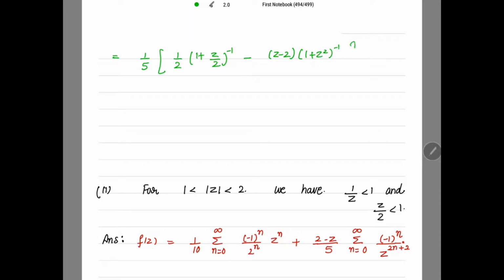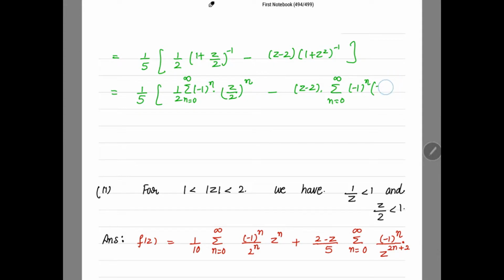square inverse, which is equal to 1 over 5, 1 by 2 minus 1 the power n summation n going from 0 to infinity, z by 2 the power n. That's it. Minus z minus 2 into summation n going from 0 to infinity minus 1 the power n z square the power n.